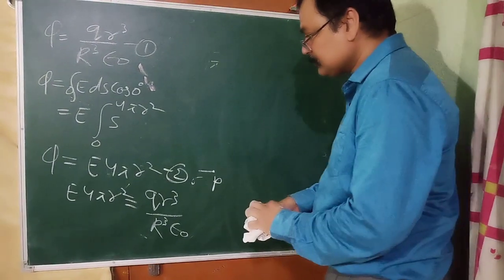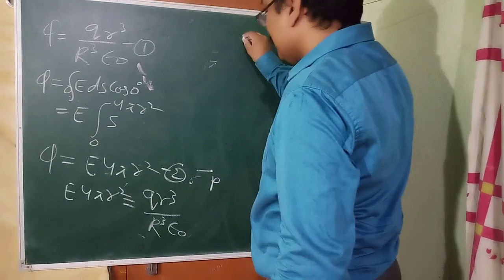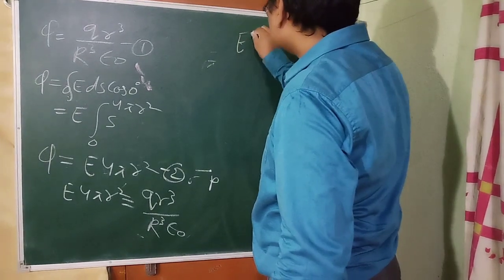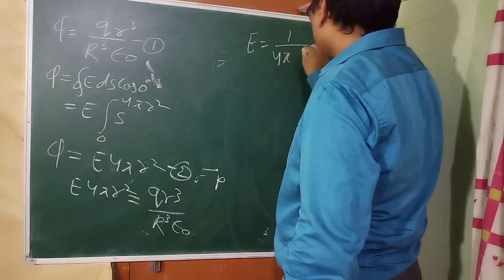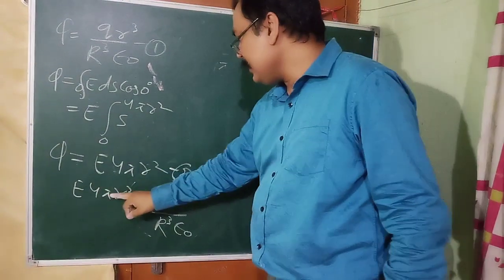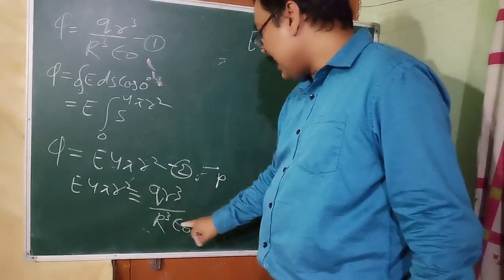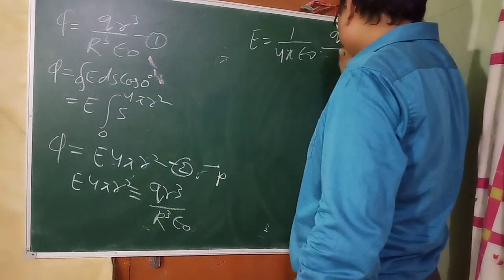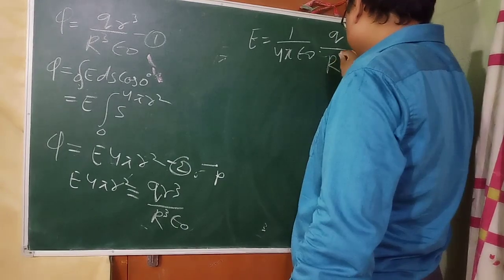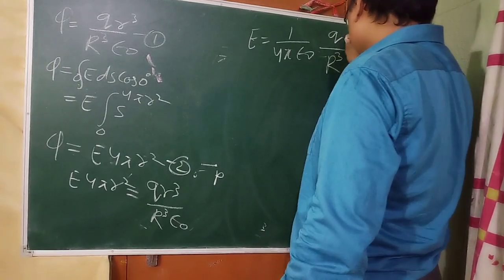Now, what we get is E equals 1 by 4 pi epsilon naught. We have taken this 4 pi, the r square is cancelled with this r cube, epsilon naught is there, and we are left with Q r by capital R cube. Here small r is there.